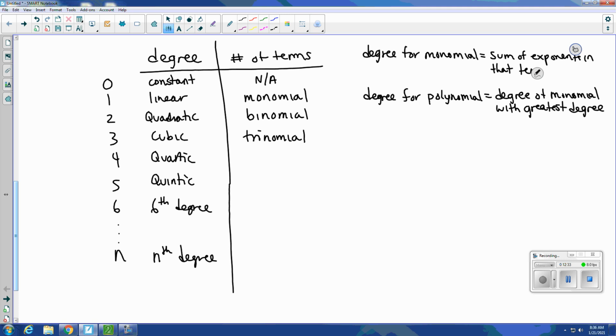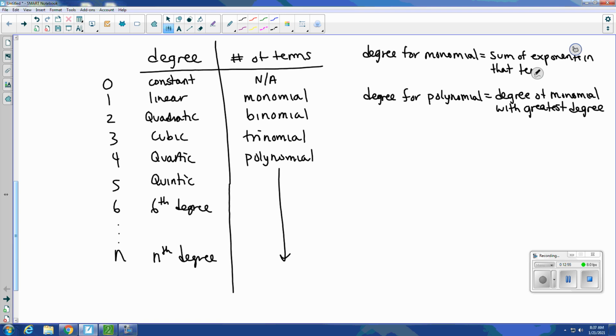And then anything after 3, so 4 all the way to n number of terms, we just refer to as a polynomial. So poly meaning many.